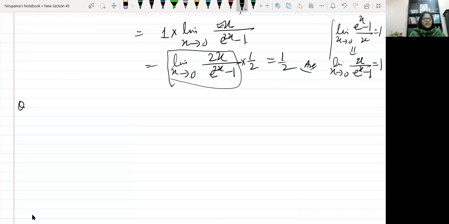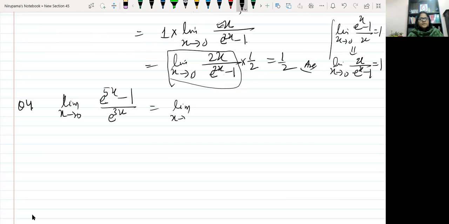Question number 4. Maybe some questions from logarithmic we already have done, so now an exponential one. Limit x approaches 0, e to the power 5x minus 1 by 3x.